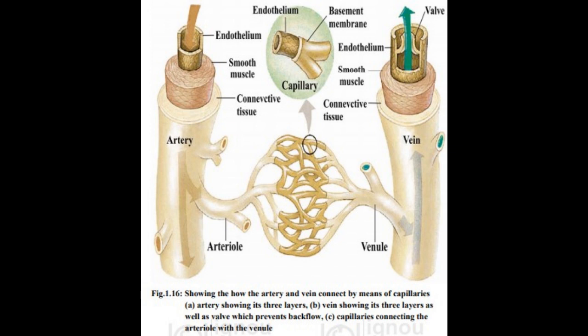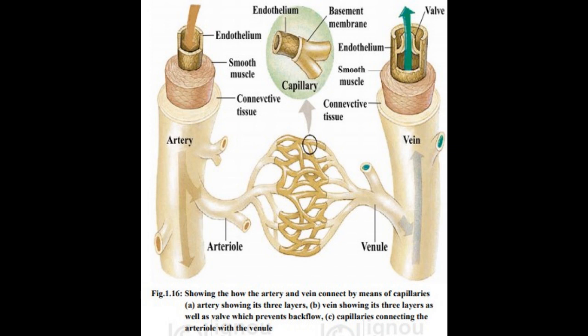All four chambers relax or do diastole at the same time. This is called cardiac diastole. The sequence of systole and diastole is as follows: atrial systole, ventricular systole, cardiac diastole. When this happens one time, it is called a cardiac cycle.